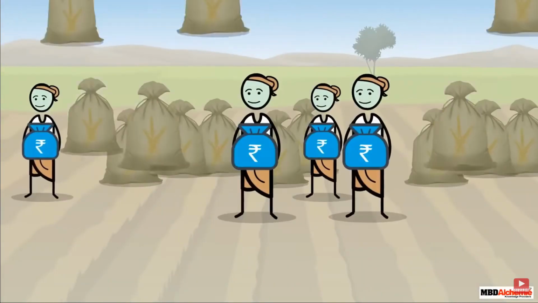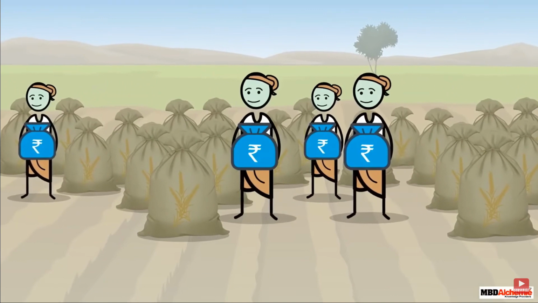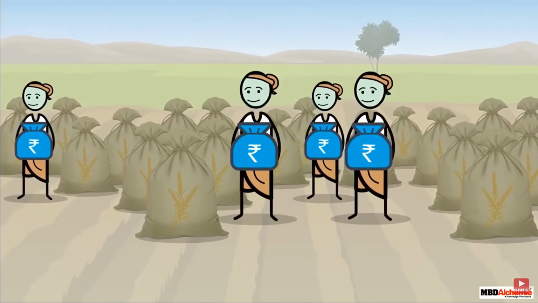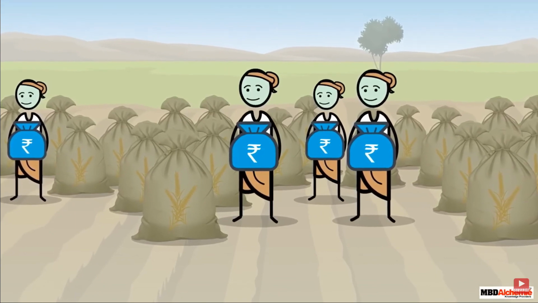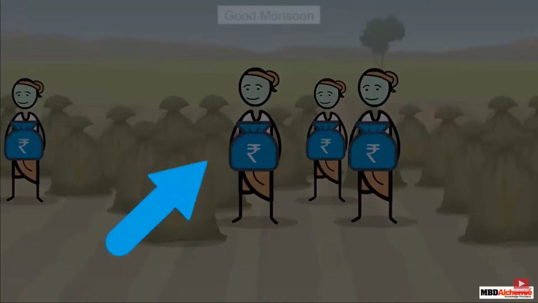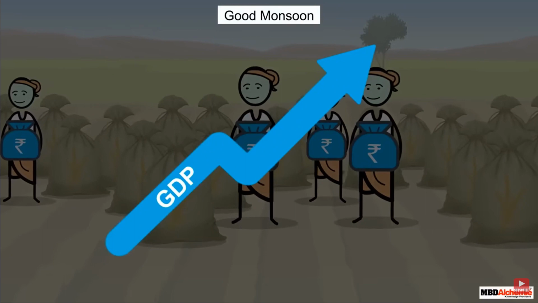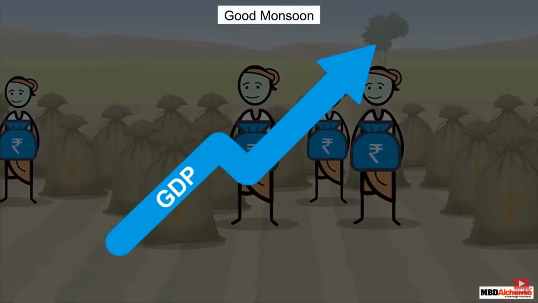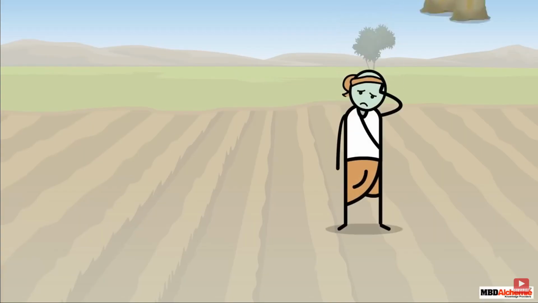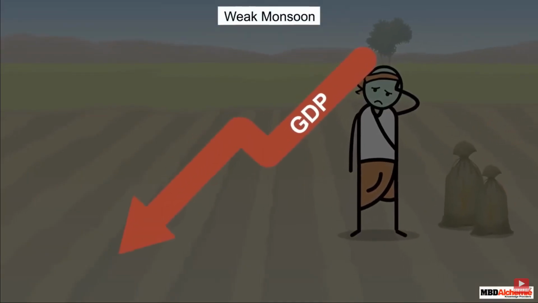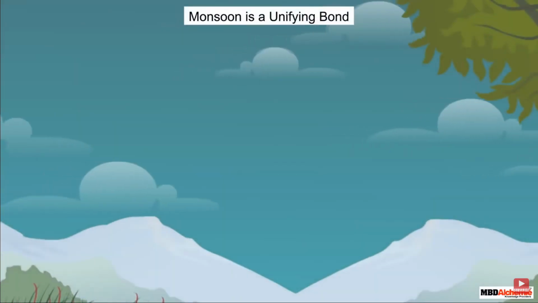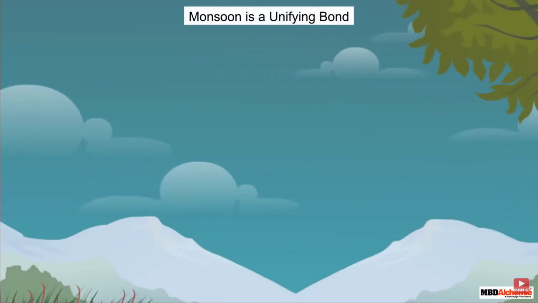The secondary sector of the economy, like the agro-based industry, also depends on monsoon, as the supply of their raw material is governed by a good spell of rain. The market will remain steady with a good monsoon year with stable price of food products, whereas a bad monsoon season will cause inflation, food insecurity and public unrest. Monsoon is a unifying bond of the nature and lifestyle of India.